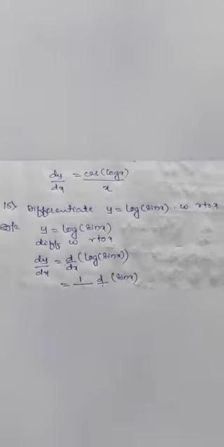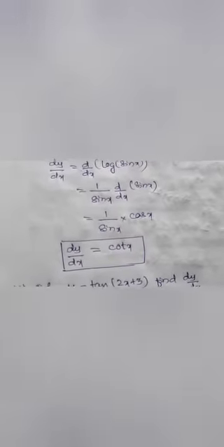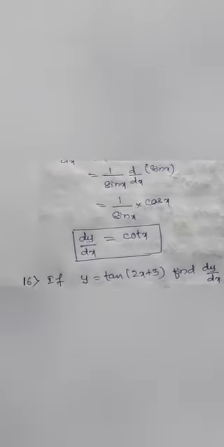X value is sin x. Then differentiate d by dx of sin x. We get 1 by sin x as it is. The differentiation of sin x value is cos x. Cos x divided by sin x value is cot x. Therefore, differentiation of log sin x is cot x.